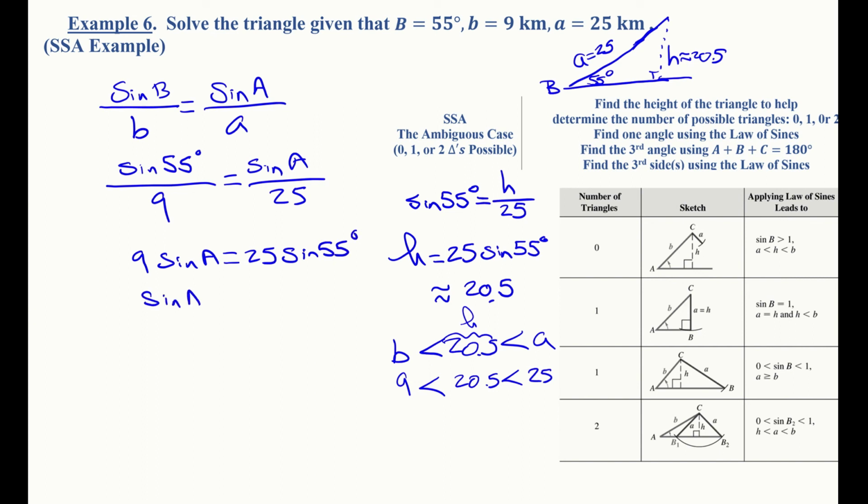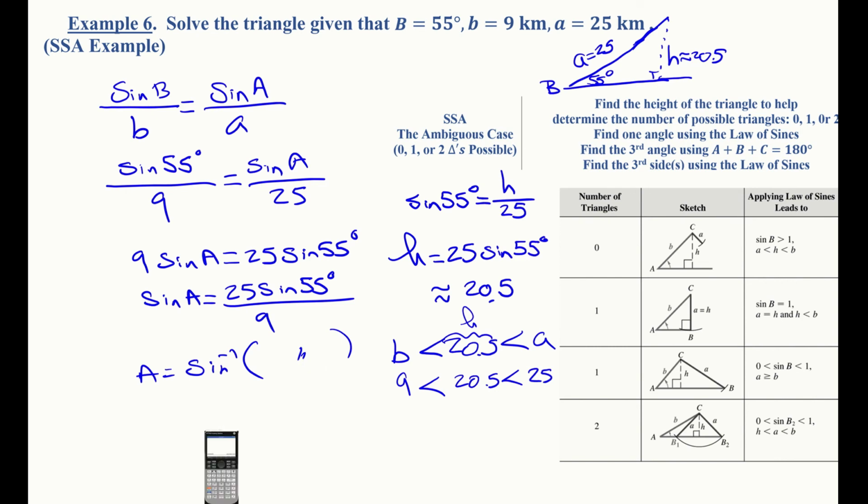So sine A equals 25 sine 55 over 9. So A is going to be the inverse sine of ditto. So if we've done this correctly with our analysis earlier, this should be problematic. There should be some kind of error that we get.